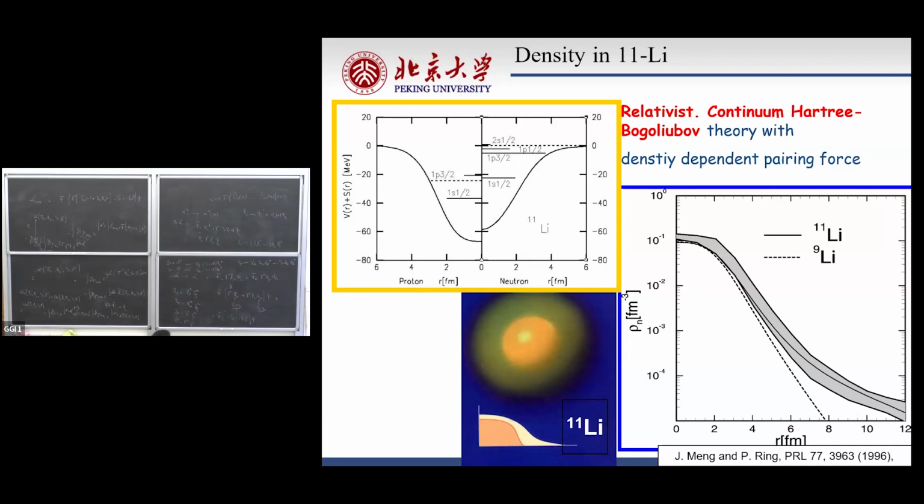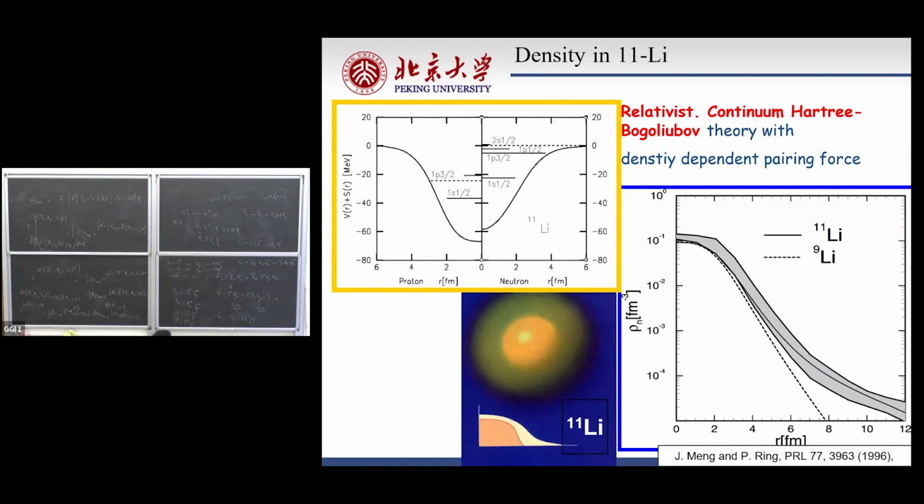Then the next 6 neutrons are traditionally sitting in the p3/2 and p1/2. But in the lithium-11 case, because they are so close to the threshold, the s1/2 orbital in the continuum could be coupled to these bound states.